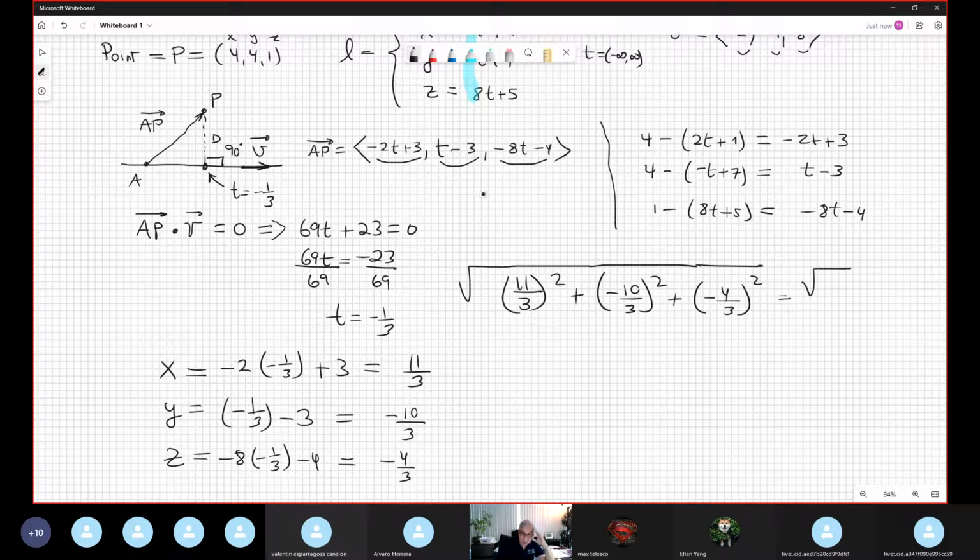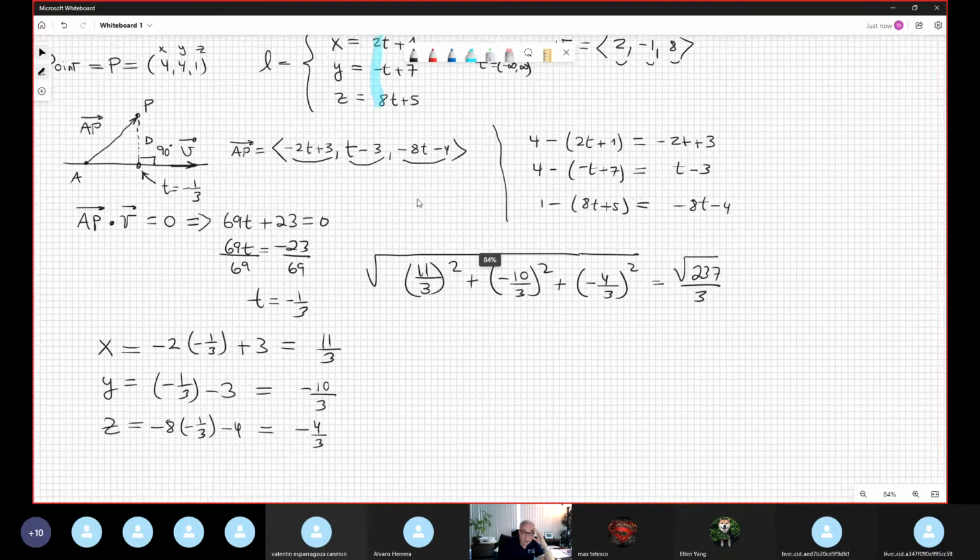It's square root 237 over 3. This number doesn't give me much information, but if you convert to a decimal approximation, you have some idea: it's 5.1360. And this is the shortest distance between the point and the line.